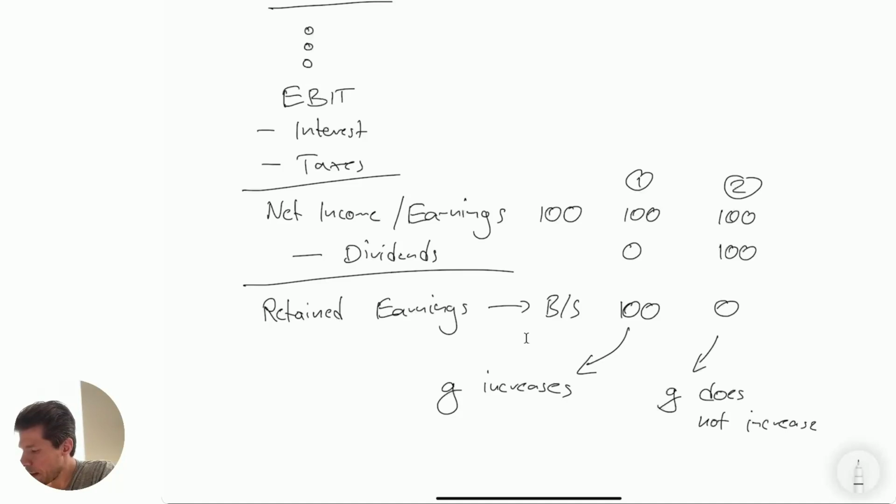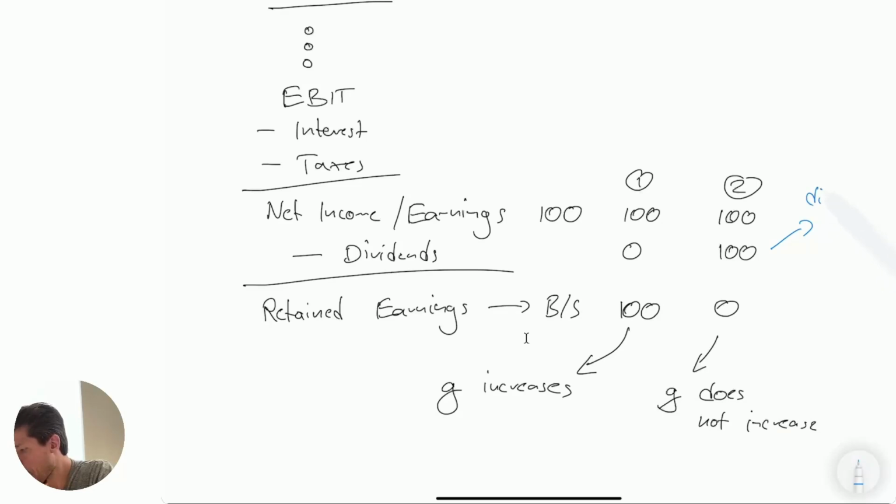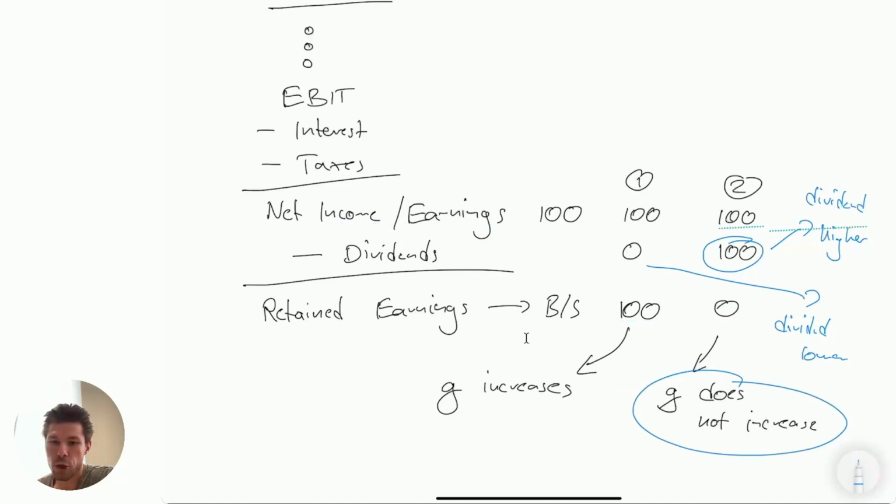However, if you pay more in dividends, the dividend is higher here, and here the dividend is lower. If the firm pays out a high dividend, low G, nothing to reinvest.